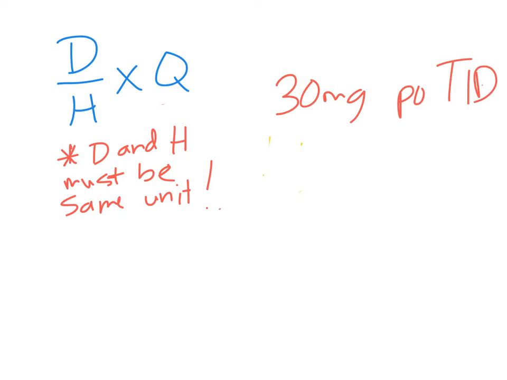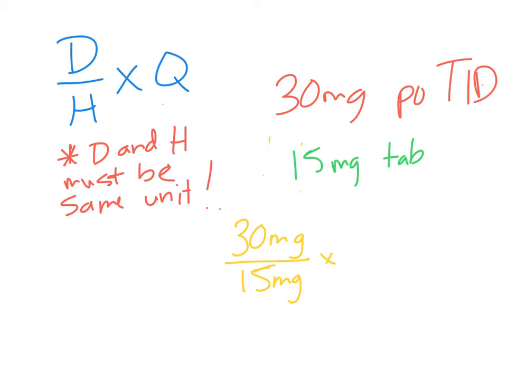What we have, when we look on the label, it says that phenobarbital is 15 milligrams per each tablet. So 15 milligram tablets. Following our D over H times Q, our ordered dose is 30 milligrams. That's the dose that's been ordered for us. H is also a dosage, but it's the dosage that we have on hand, so how that medication comes.